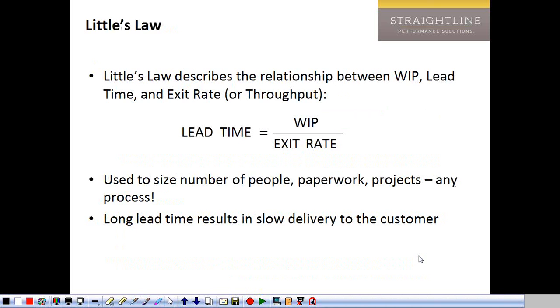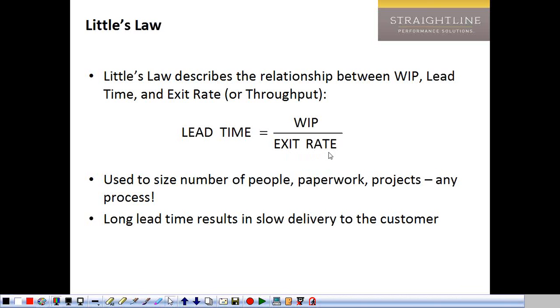Now, Little's Law relates all these three, and it states that lead time is equal to WIP divided by exit rate. Remember, exit rate is throughput. What's kind of cool about that is that it shows you that if you want to decrease your lead time, there's really only a couple of things that you can do.